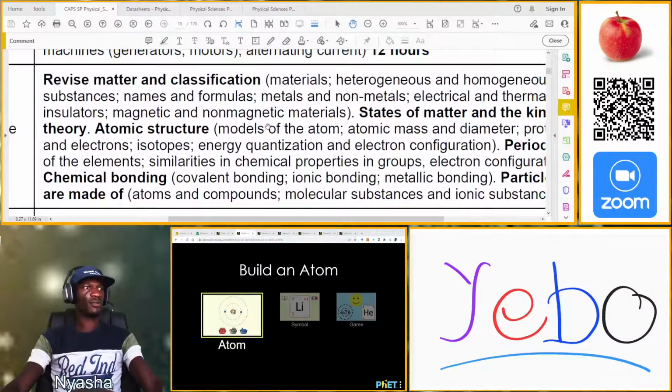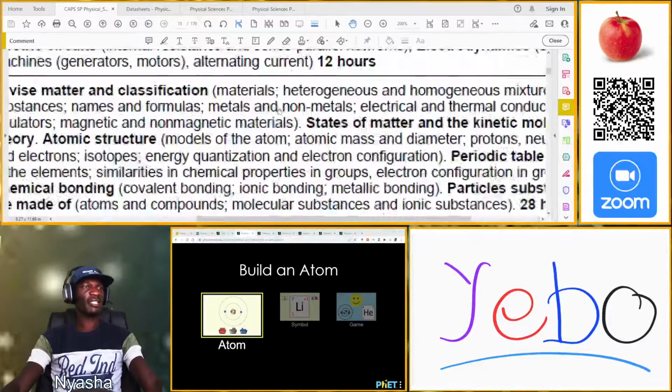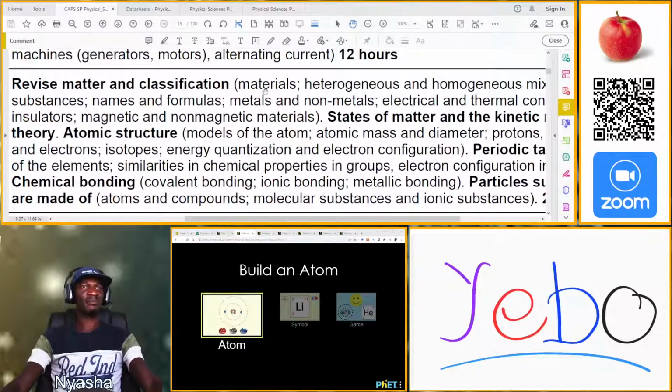So as far as your topics are concerned, you've got a section on revision. This is probably taken from what you were studying earlier. You've got revision of matter and classification, that's materials, heterogeneous and homogeneous mixtures.